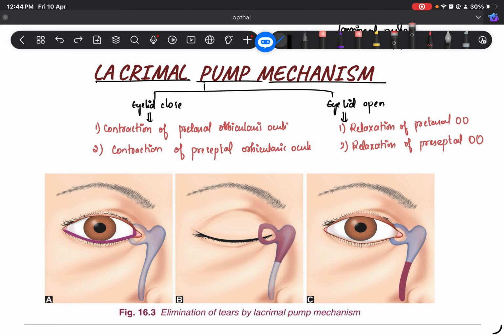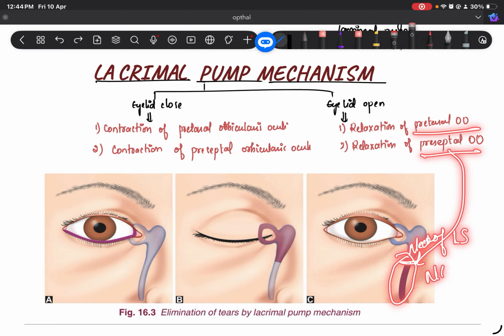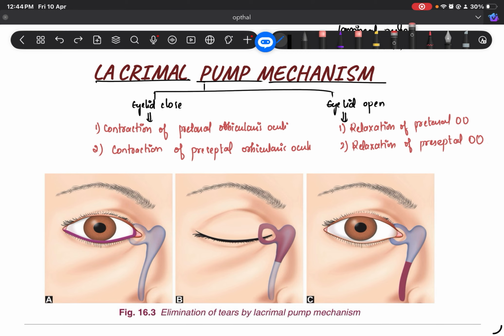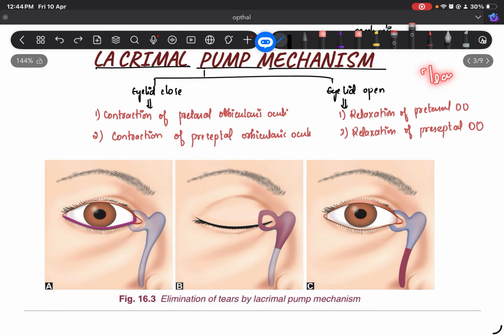Due to the relaxation of pretarsal and preseptal, especially preseptal, there will be drainage from neck of lacrimal sac to the nasolacrimal duct, and also gravity acts on it. So the tears drain in nasolacrimal duct. This was the mechanism of tears.